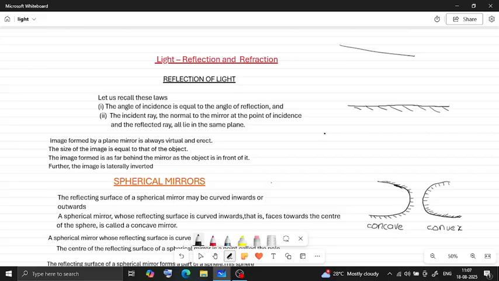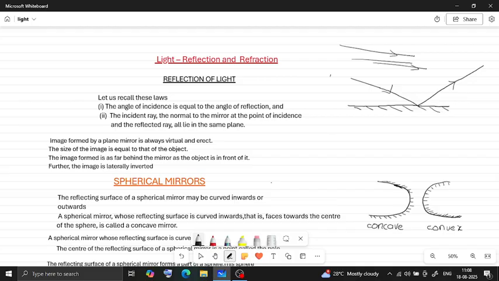So consider a ray of light incident on a smooth and clear surface. Due to the smoothness of the surface, what will happen? It will be reflected.